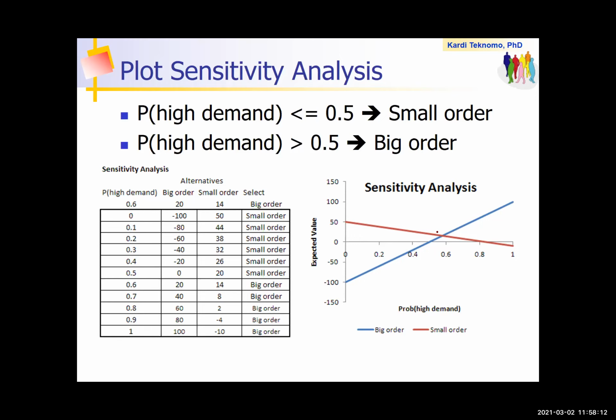In this case, if the probability of high demand is less than 0.5, you will decide small order. If it is larger than 0.5, you will decide big order.